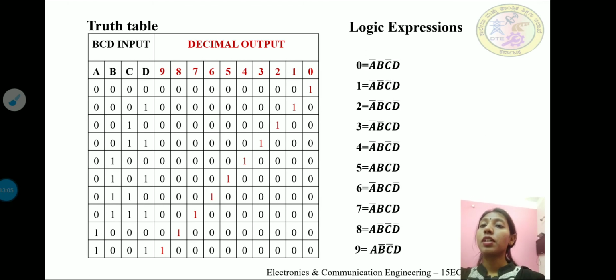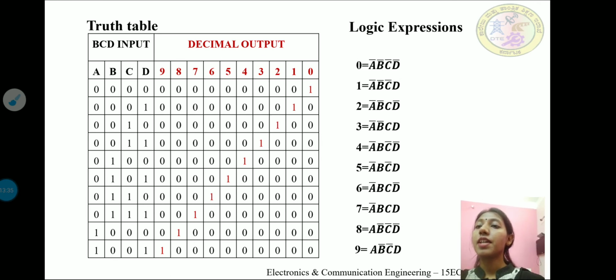Next, for the decimal digit 1. Decimal digit 1 is high only for the input combination 0, 0, 0, 1. So it is expressed as A bar, B bar, C bar, D. That is A complement, B complement, C complement into D. And digit 2 is high for the combination 0, 0, 1, 0, so it is expressed as A bar, B bar, C, D bar.